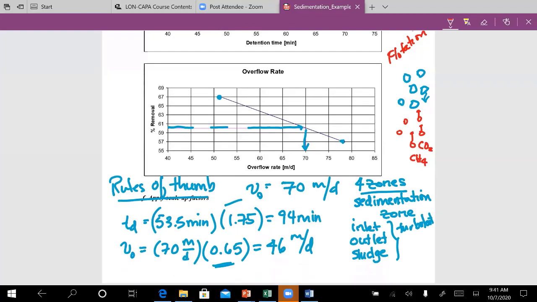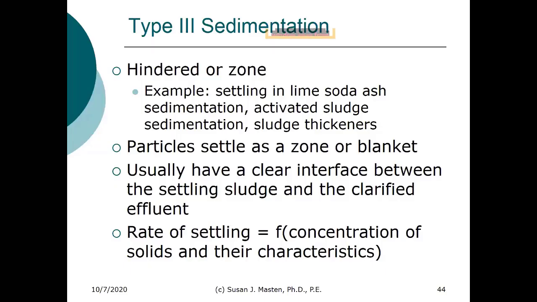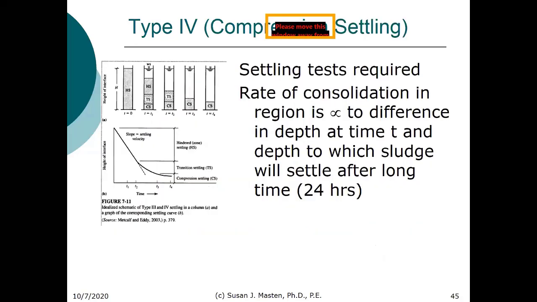Any questions about this? That interaction results in these particles settling at a faster rate or a different rate from what they would settle at if you didn't have this interaction. Because of that, we have to do all of the testing experimentally with type 3 and type 4.